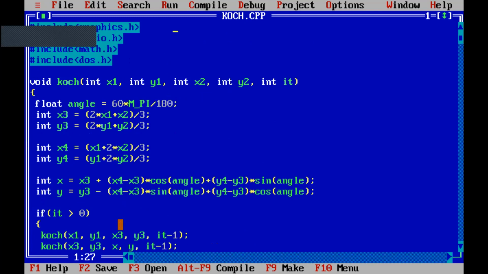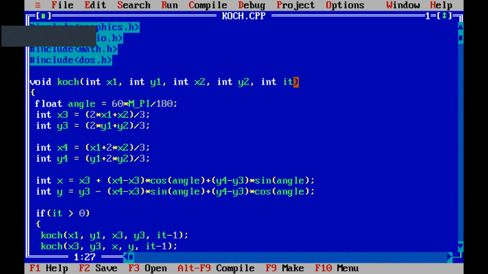Okay. Let us go to the Koch function. How many arguments is it taking? It is taking 5 arguments. First one is x1, second one is y1, that is the x and y coordinates of the first point. Third argument is x2 and fourth argument is y2, the coordinate points of the second point of the straight line, the ending coordinate.